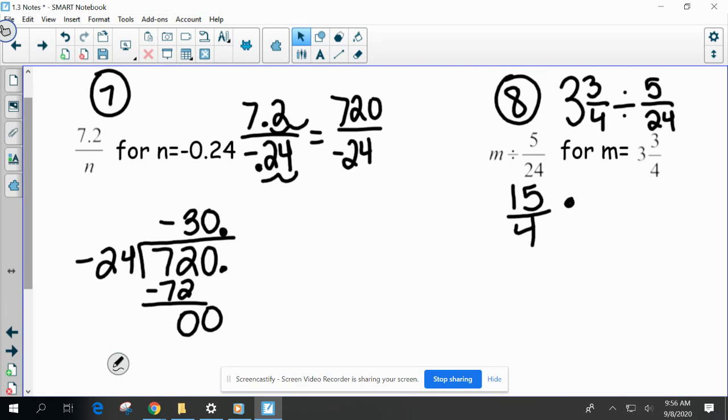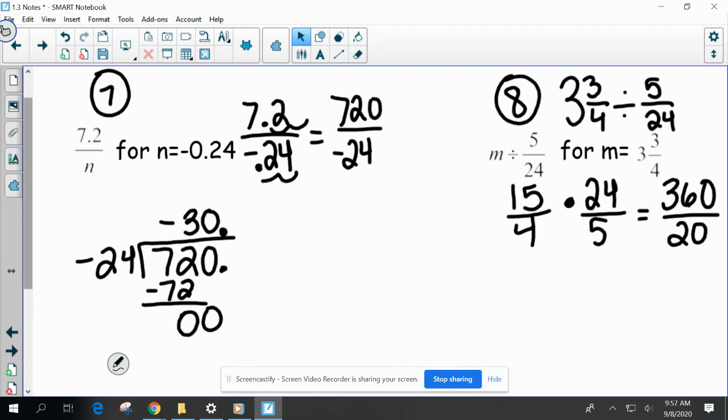Change your sign to multiply, and then flip your second fraction. So 24 over 5. And then multiply straight across. So 15 times 24 over 20.